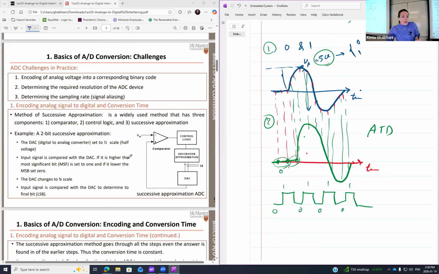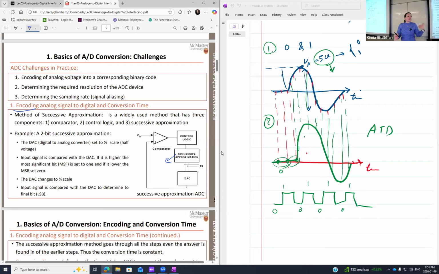So now, this process is called encoding a signal. This is an example, not always 5 volts. In order to split this into multiple pieces, that's what we call encoding. We have to give it some procedure. That procedure has a standard method of calculation. I showed it in the lab, I repeat it in here. It's called successive approximation. So that's why I say you guys are not going to do it manually.